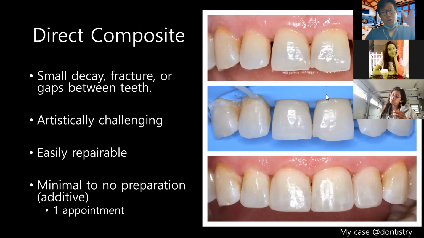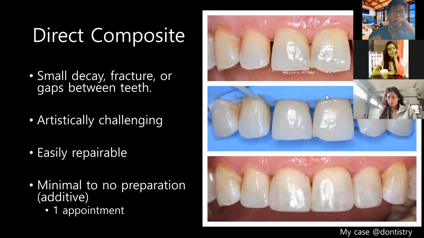Okay, and in contrast, direct composite, so it's a filling material, so it's not as strong as a ceramic, like porcelain. But the advantage of composite is you can be more conservative because it's malleable. You can sculpt it. You don't really have to drill as much, you can just be more additive instead of subtractive.